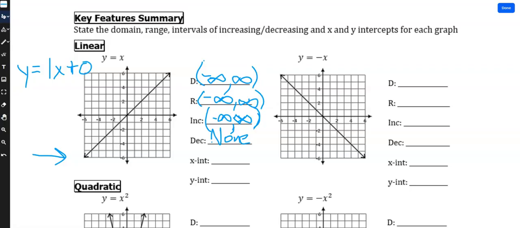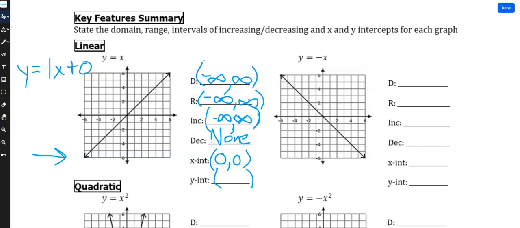X-intercept, to be technically correct, it is a coordinate. The x-intercept is 0, 0. Now, sometimes we focus only on the x value because we know the y value is 0. Every x-intercept in the universe has a y value of 0.